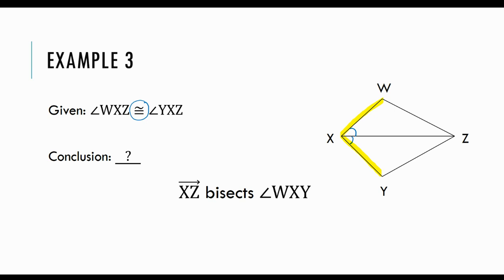Notice that the ray starts at the endpoint, which is the vertex of our angle. We use the word bisect because what we had were 2 smaller congruent angles. And since they shared the same vertex and started off as 2 smaller pieces, that's because they were divided into 2. They were bisected.